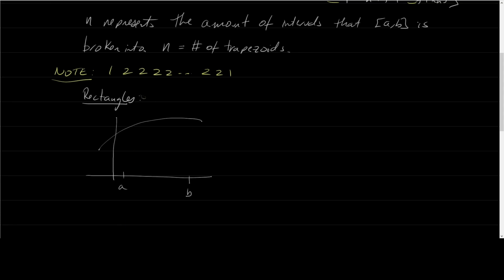What I'm going to do is split this into a couple of intervals. Let's say I have 1, 2, 3. Here we're going to have these rectangles. The idea is that the sum of the areas of these rectangles is pretty close to the actual area under the curve.